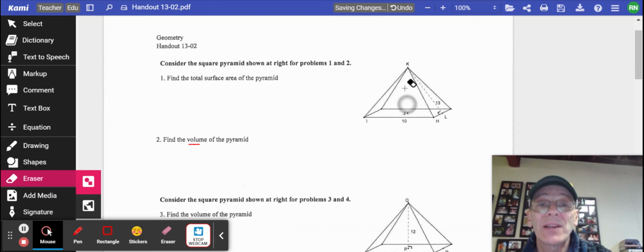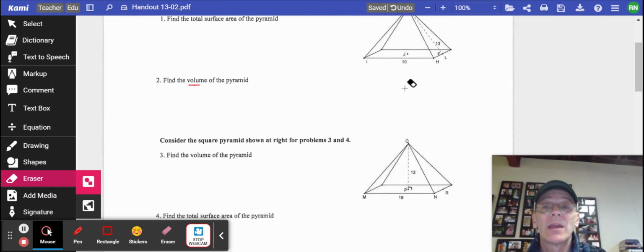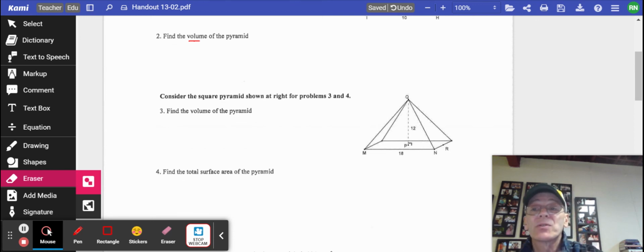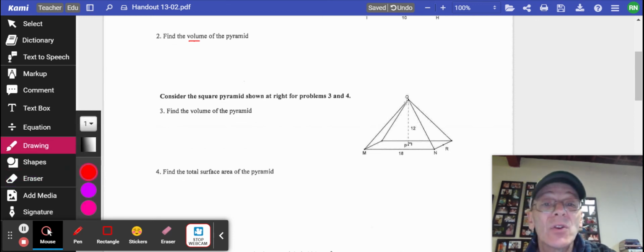Now let me give you a warning about the next problem. In the next problem, I want you to find the volume and the surface area, okay? And this time, notice I've given you the height, which is what you need to find the volume. But to find the surface area, you need to find this segment, the one that comes down at a right angle to the bottom edge of that triangle.